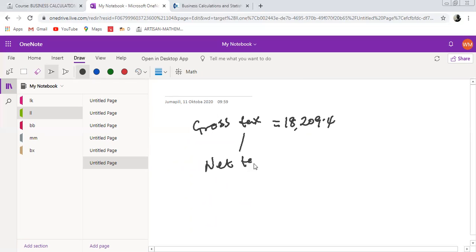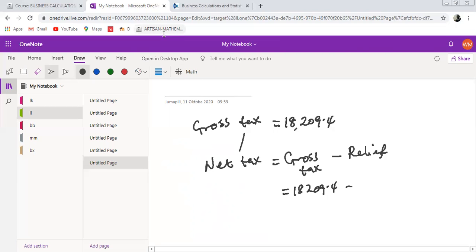So having obtained the gross tax, we can now go ahead and get what we call the net tax. The net tax is normally given by the gross tax minus relief. Relief is like a reduction. They reduce the tax that you are supposed to pay. Instead of paying 18,209.4, they give you the relief. In this case, the relief was 1,162.